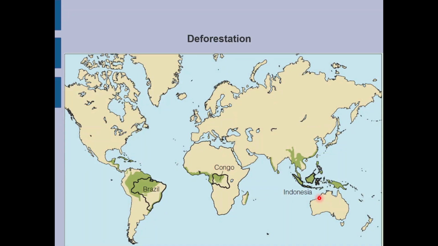So and then also the problem of the modern world is deforestation, and deforestation is the clearance of large areas of the forest because of construction and agriculture.